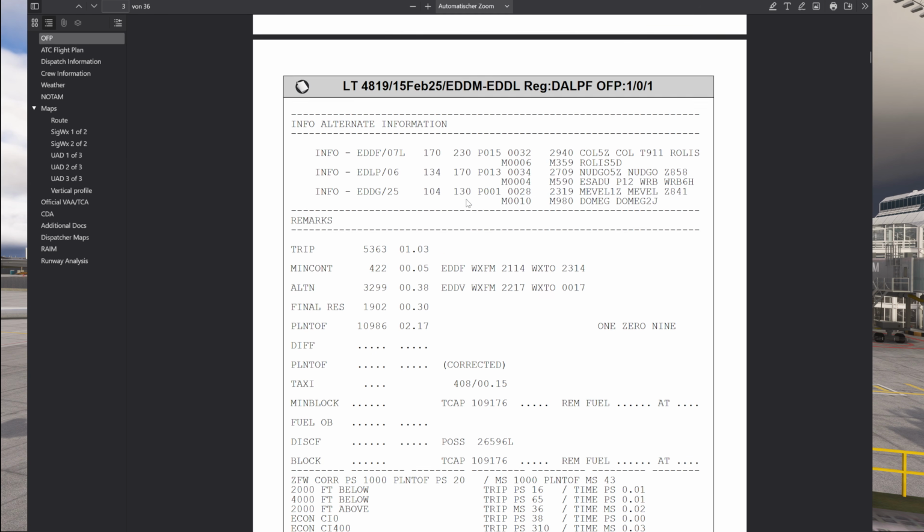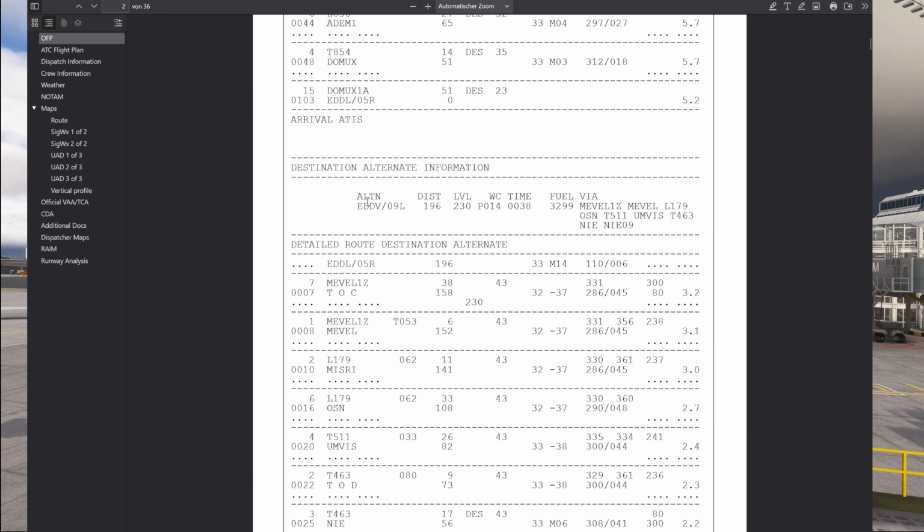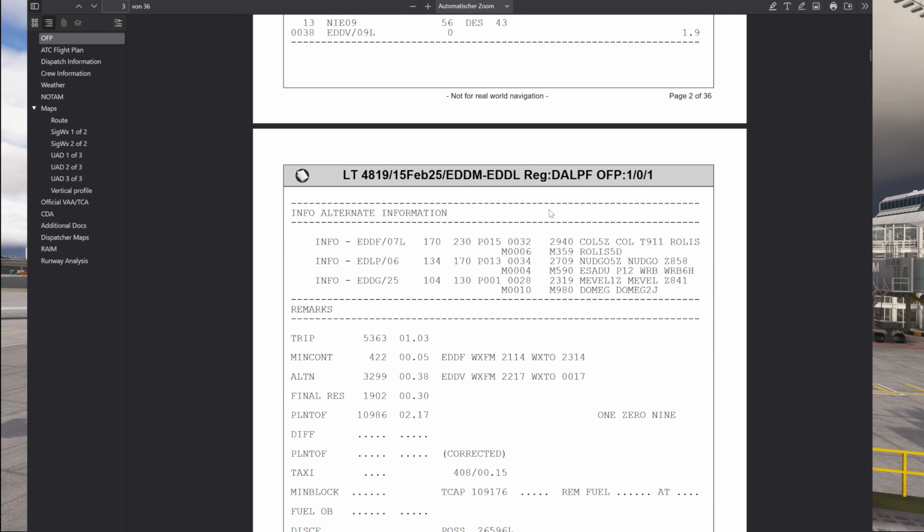For example, today we are planned to fly to Hanover, which uses 3,299 kilos of fuel, but there are other alternates available, such as Frankfurt, which uses only 2,940, or Paderborn, or even Münster-Osnabrück, all of which use less fuel. So keep in mind you have different alternates available, and in today's case they actually use a little bit less fuel than the planned one, so we have more options available there.